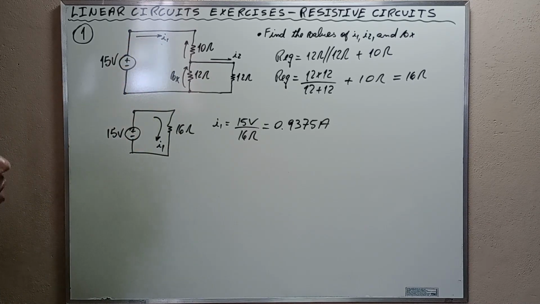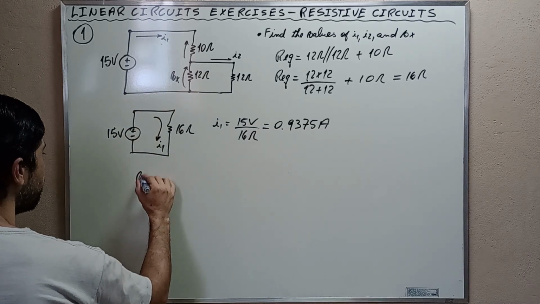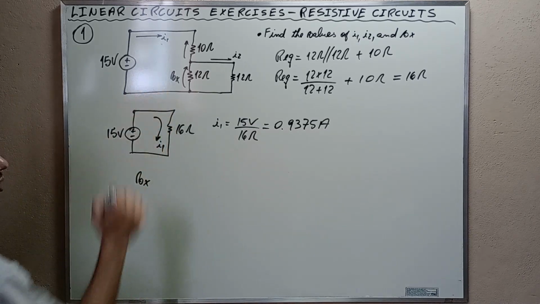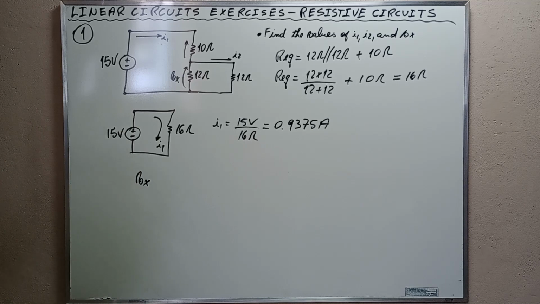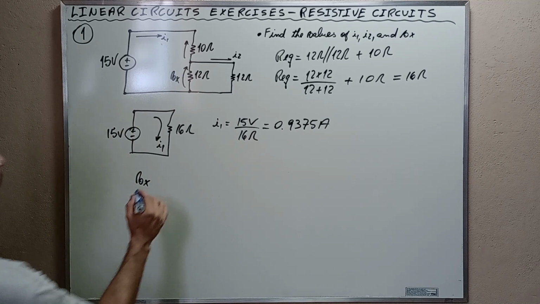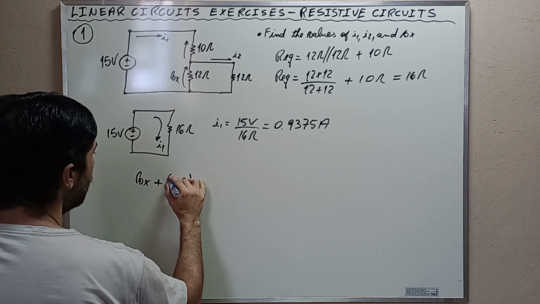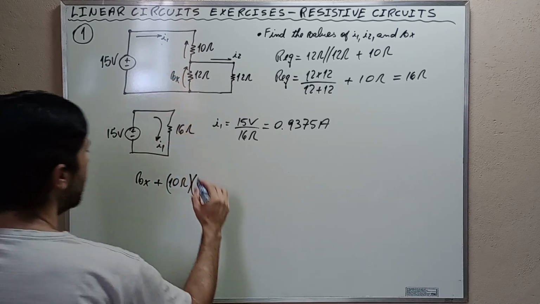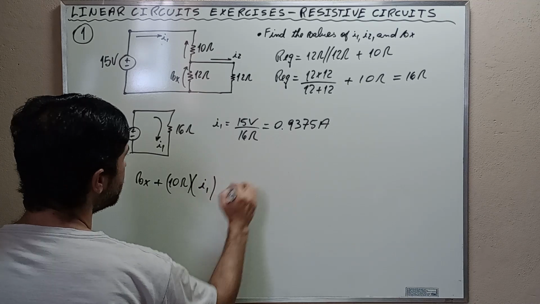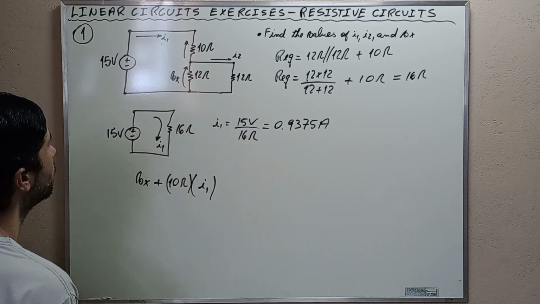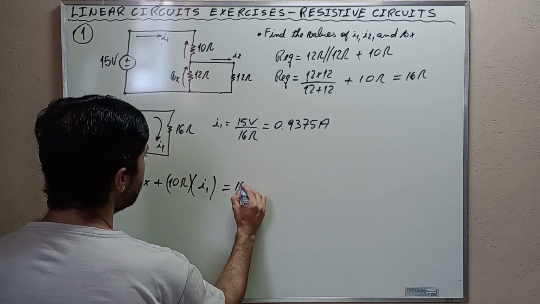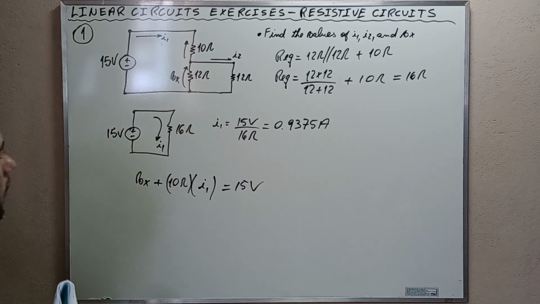So Vx plus 10 ohms multiplying I1, which we just found, is equal to 15 volts.